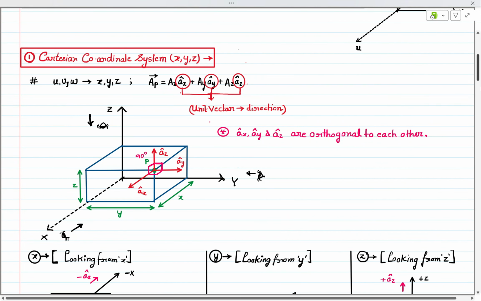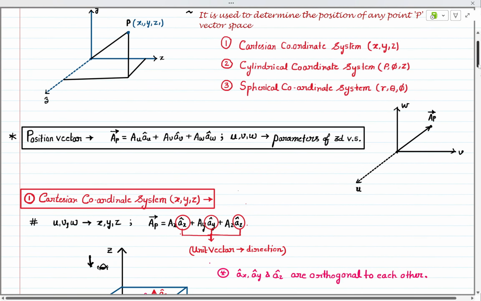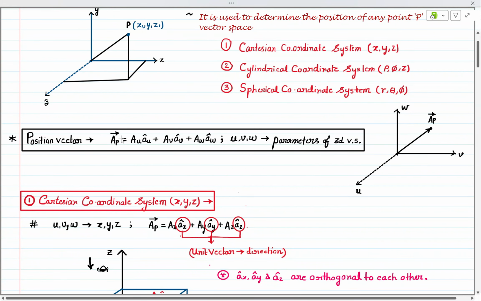See, this was our positional vector, which was denoted by AP, and the parameters of this position vector AP were U, V, and W. By assigning some other values to these parameters, we have discussed the Cartesian coordinate system as well as the cylindrical coordinate system.